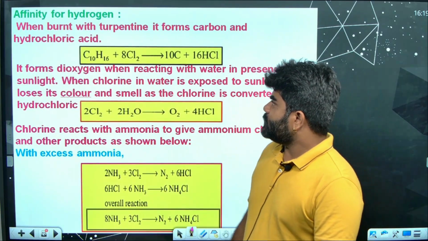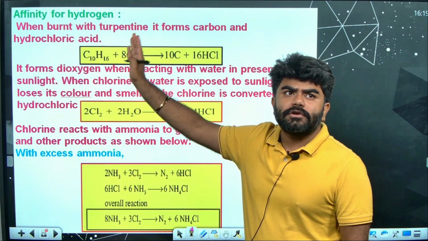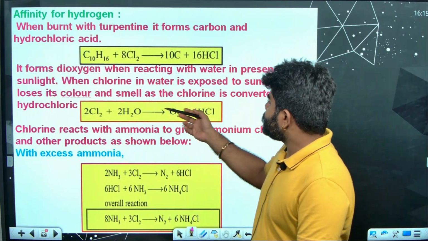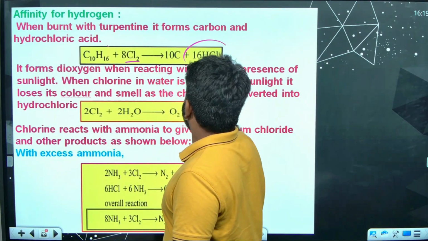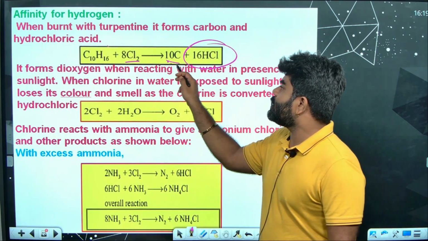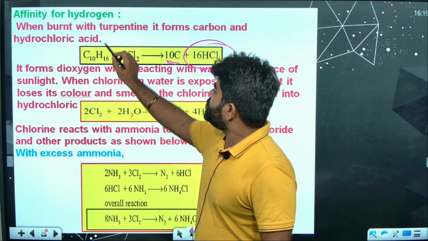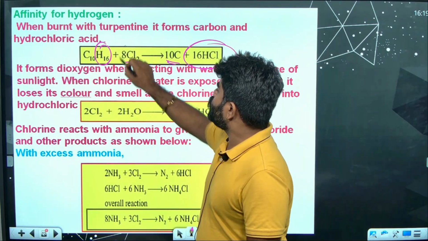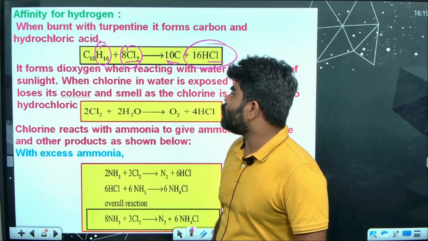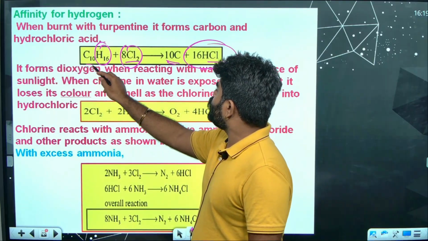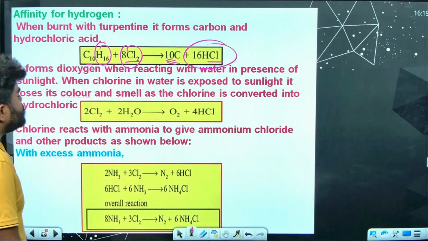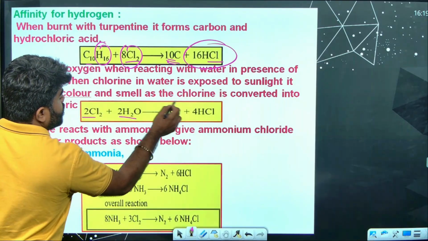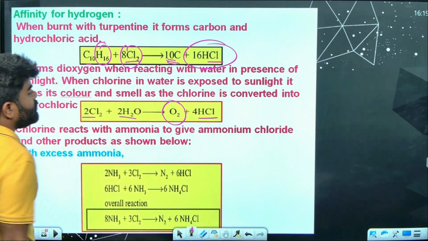Now we are going to see the affinity of chlorine towards hydrogen. So when we treat turpentine with chlorine, we get HCl along with carbon. So all the hydrogen present here reacts with this chlorine and hydrogen chloride comes out. So you have only carbon left. Next, when we treat chlorine with water, we get oxygen along with HCl.